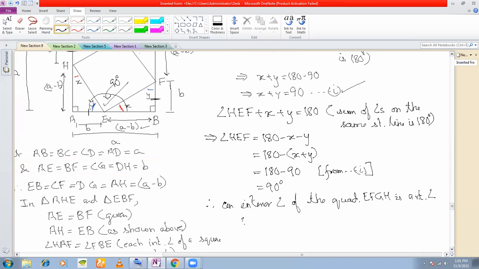Hence, EFGH is a square. Is it fine? Or any question here? No question?